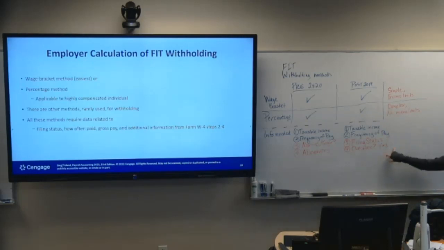And then also we need to know whether they checked that box or not. We have to do all of this in order to then apply this information to whichever method we're using.